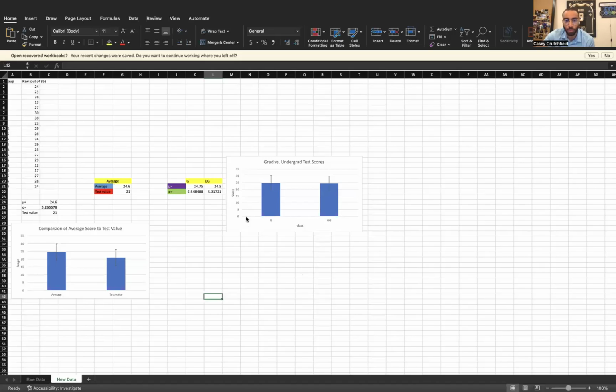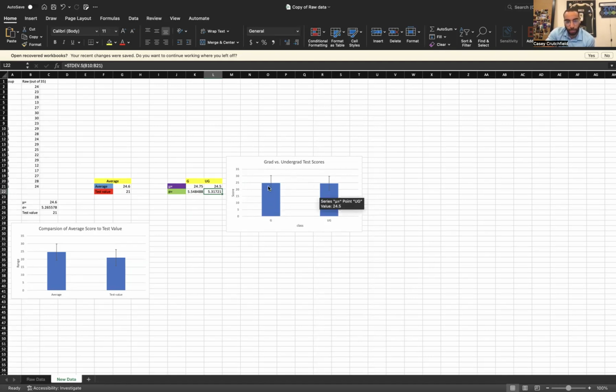And then I went back to Excel and I made this table consisting of the grad mean and the standard deviation and the undergraduate mean and their standard deviation. And I made another bar graph which shows the grad versus undergrad test scores.